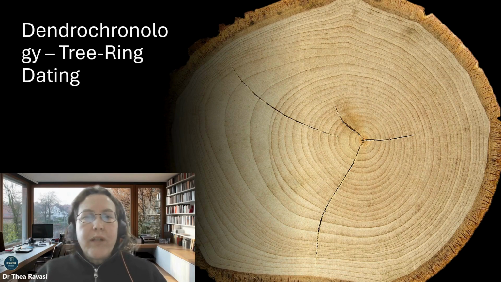Dendrochronology, or tree-ring dating, compares the pattern of growth rings in wood to establish master chronologies. Because trees produce one ring per year, we can often date timber used in buildings to the exact year it was felled. This doesn't mean that, for example, the building where the tree was employed was actually built that specific year, but from that specific year, definitely, because maybe the timber would be left to season for a while.